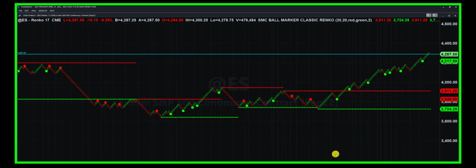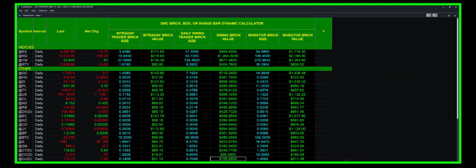For that, we come to our creation called the SMC Brick, Box, or Range Bar Dynamic Calculator. What you simply do here is come to your style of trading. If you are an intraday trader on the ES futures contract, based on historical and implied volatility, the brick size should be about $3.50, and it automatically calculates how much each brick is worth.